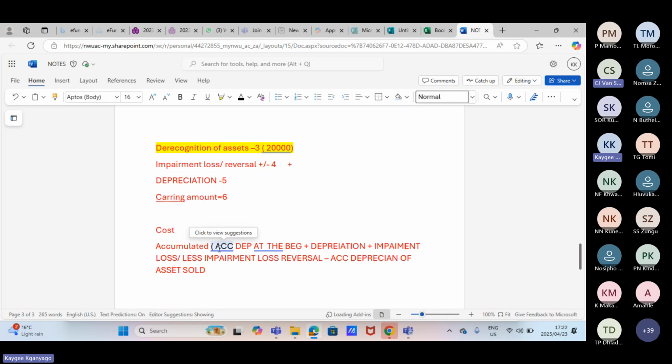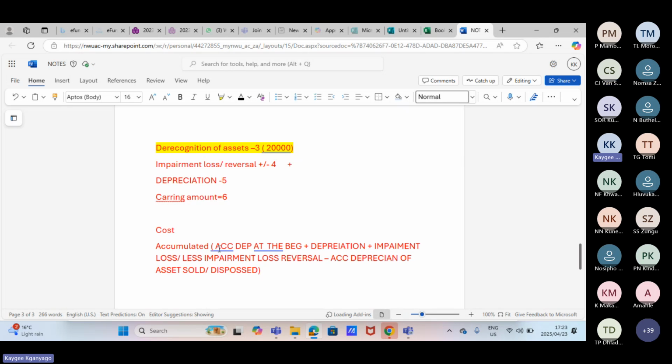Let me just get my PPE note. So you're asking how do I get the cumulative depreciation and impairment losses at the end?